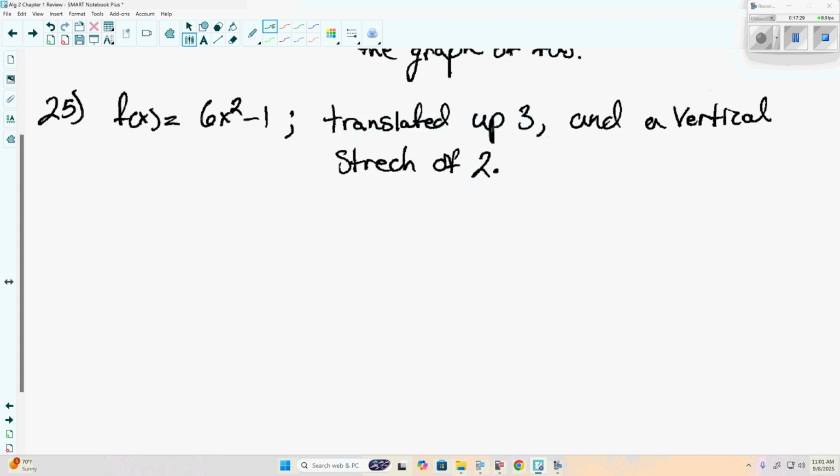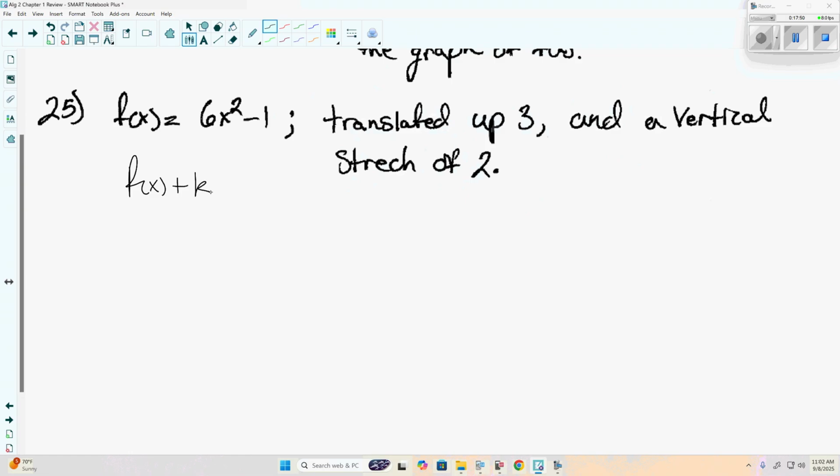So if we look at 25, 25 says we have a translation up 3 and a vertical stretch of 2. Now our translation up and down, the general form is f of x plus k, where k is the amount we move the function up or down.